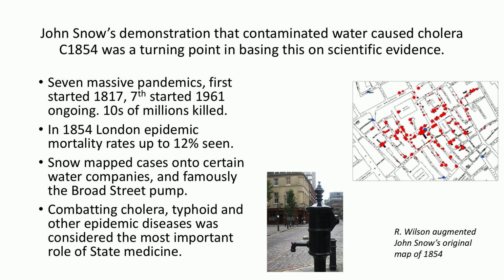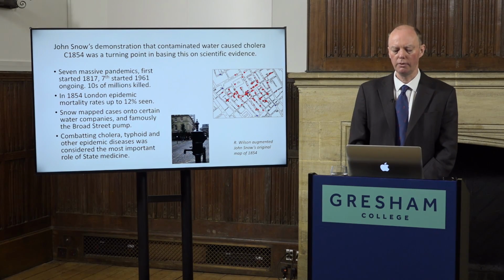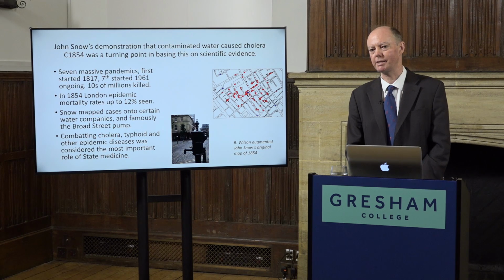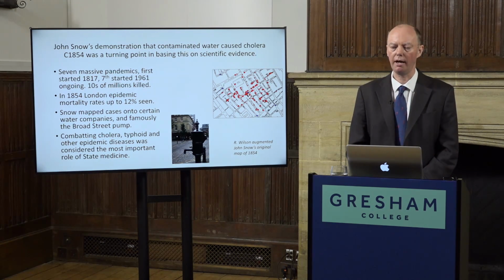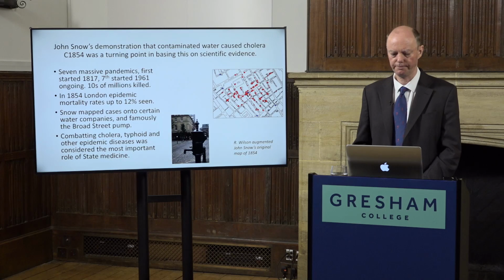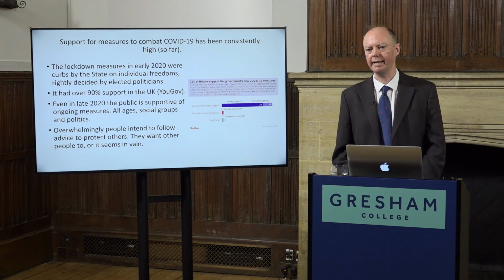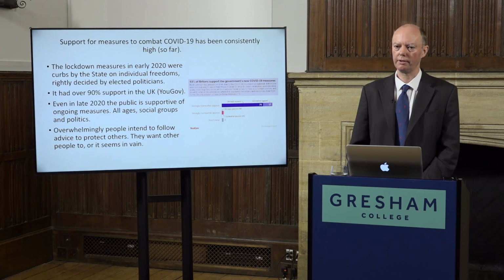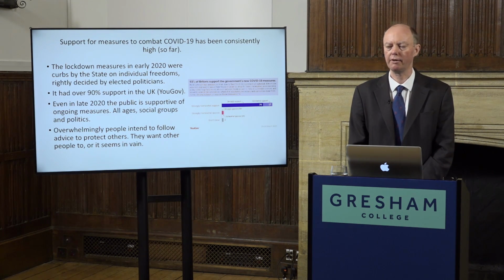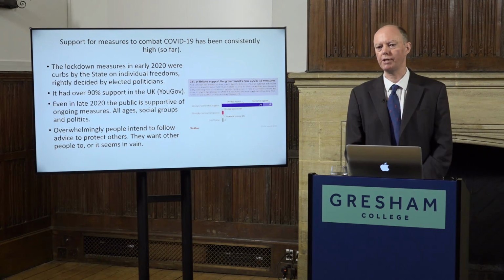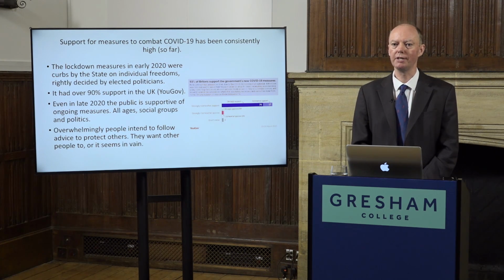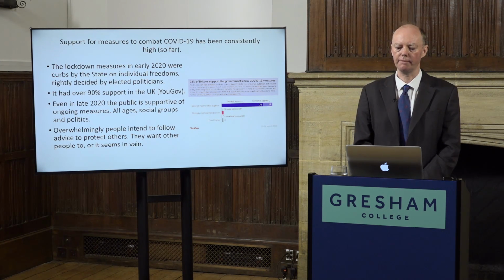This really started off a tradition of scientific approaches to trying to reduce the impact of epidemics, and combating cholera, typhoid, and other epidemic diseases was considered the most important role of state medicine for really quite a long period of time. This is where a lot of state medicine started off. And consistently, populations around the world, going back right into history, but up to the current time, where we're going through the most major pandemic for many decades, the current COVID-19 pandemic, have consistently wanted, indeed demanded, that their state acts to help protect them from the pandemic.